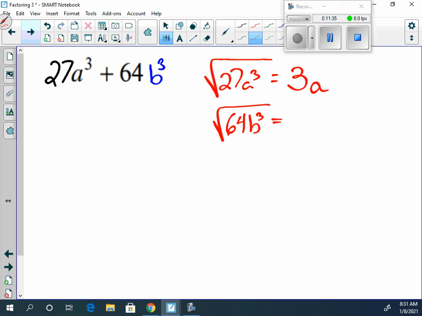Now, the cubed root of 64, we just saw a minute ago, is 4. And the cubed root of b to the third is b. So we can take the cubed root of these two. These are perfect cubes. So that means we can factor it.